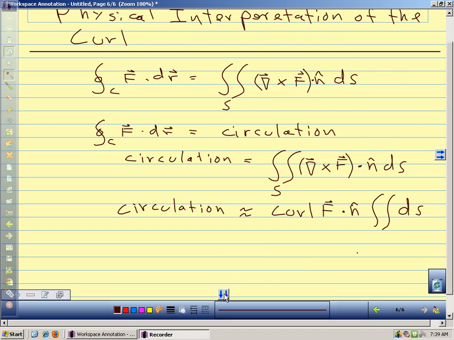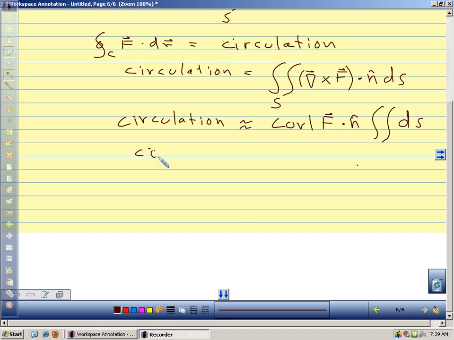And the double integral of ds is just the area of that tiny piece of surface. So I'll divide both sides by that area. The circulation per unit area equals the curl of f dot n.